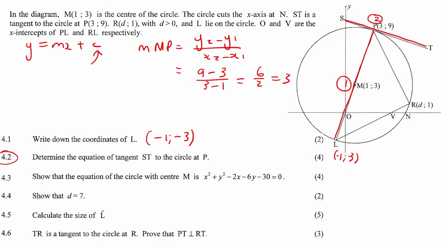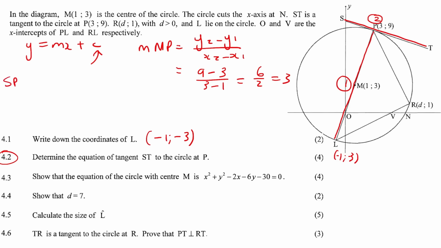Now that we have the gradient of this line, we can now remember that whenever two lines are perpendicular, because remember these are perpendicular, let's just go write that out. They don't expect you to show this on the memos, but just for your own knowledge, remember that the gradient of MP multiplied by the gradient of, or let's first say that this angle is 90 degrees.